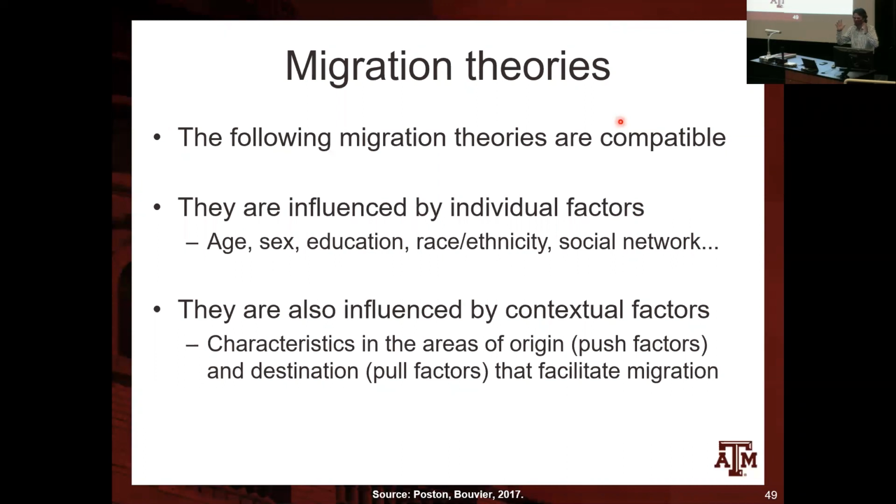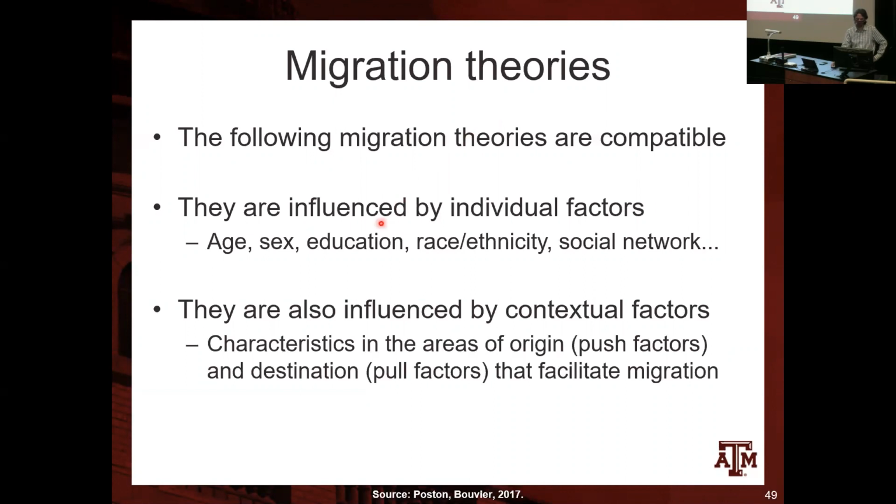There is not always a best theory for all kinds of migration flows. Specific theories might better explain specific flows than other theories, right? And that's the same discussion that we had before when we were talking about the general theories of Malthus and Marx, that actually they complement each other when we try to understand trends and levels of demographic indicators.